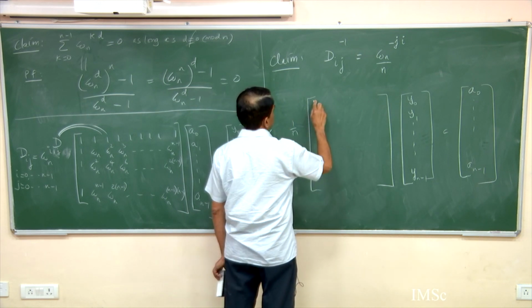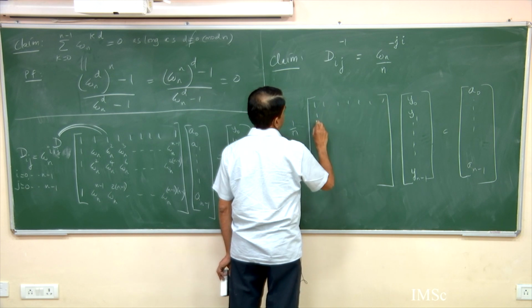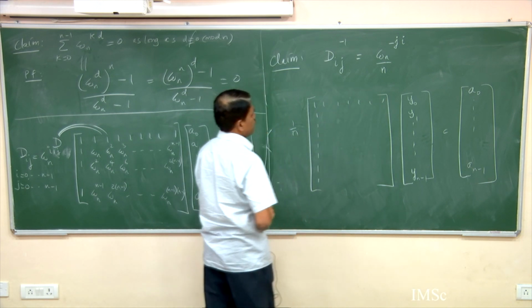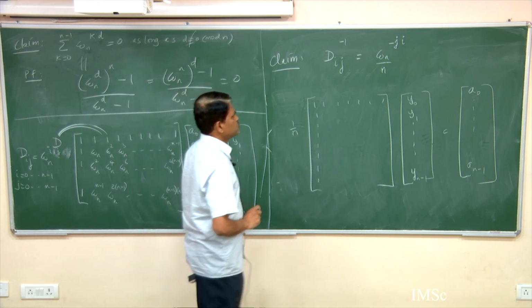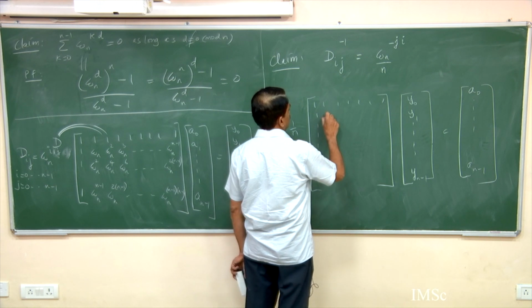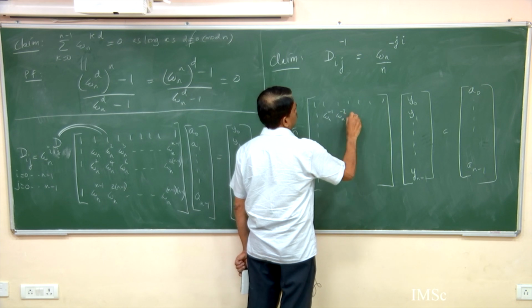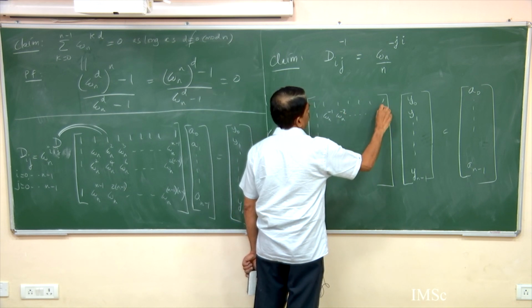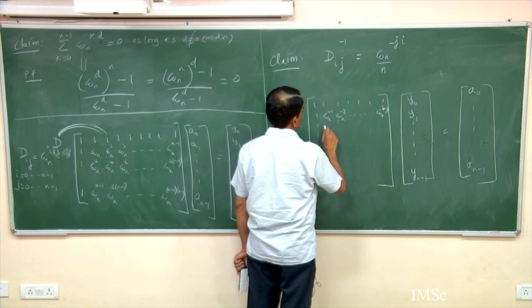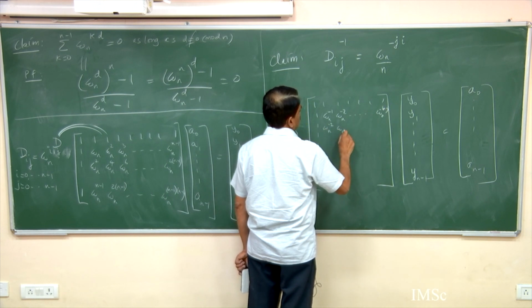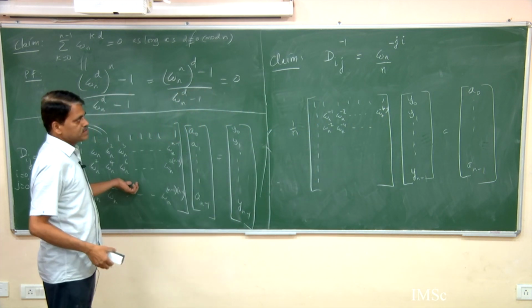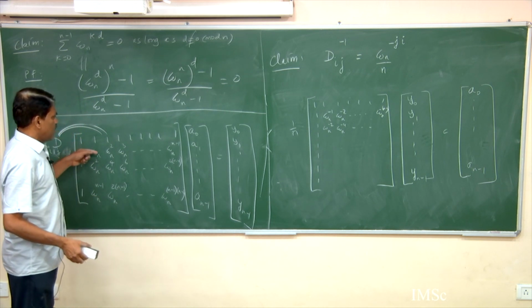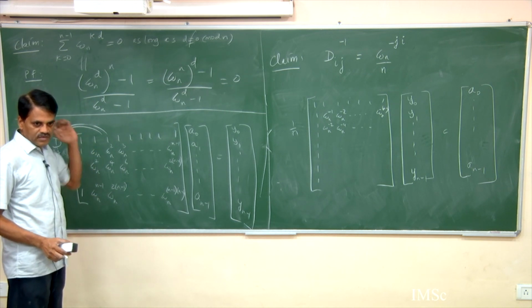So when i is 0, j is 0, this is 1, 1, 1. And when i is 1 and j is 1, I get this. So this matrix looks pretty much like this matrix, except instead of omega I'll have a -1 at the top. That's it, right?